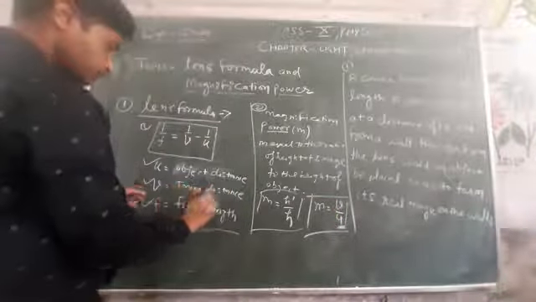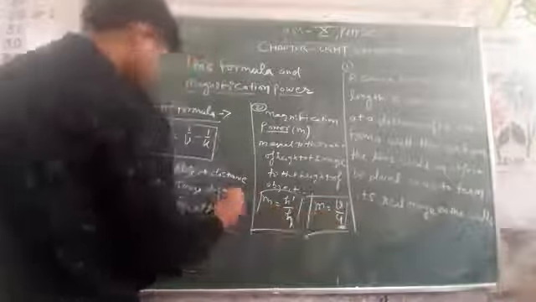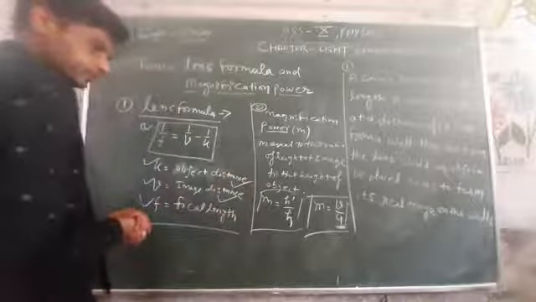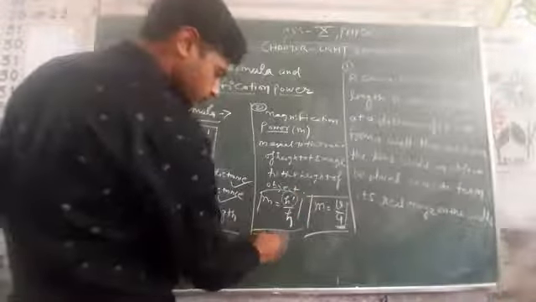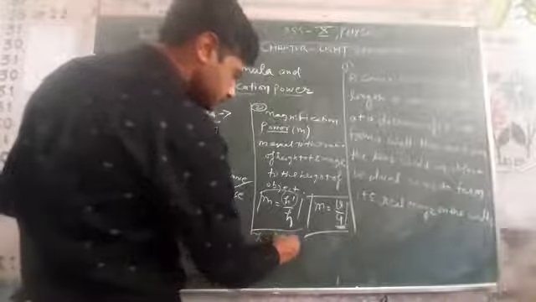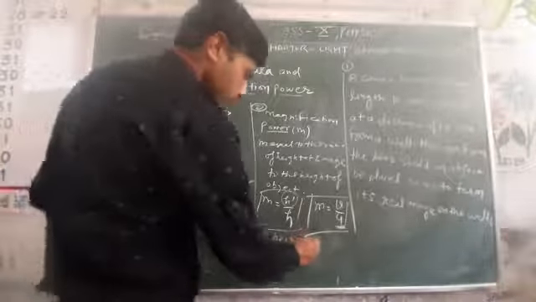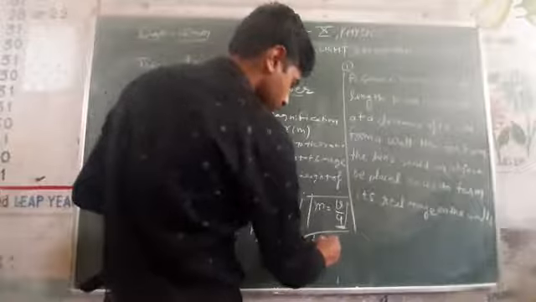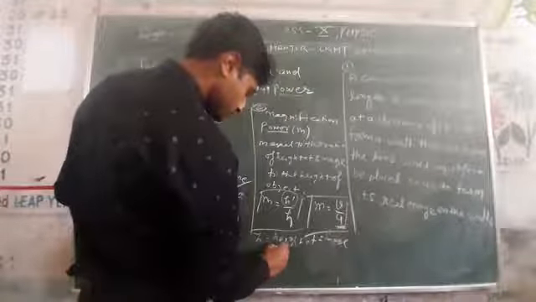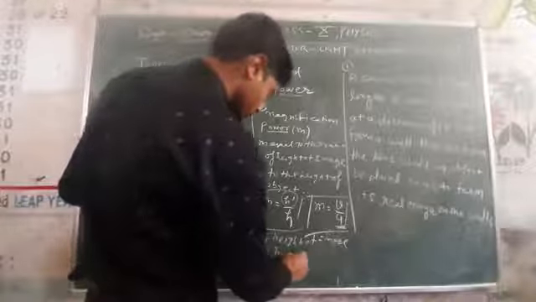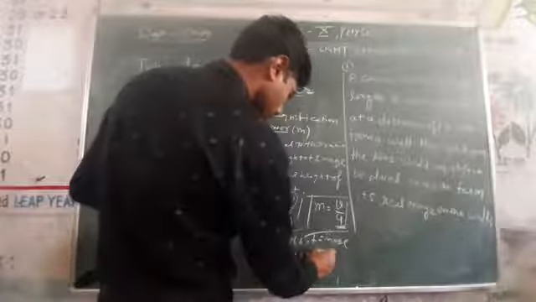v is image distance, and u is object distance. And h dash is height of image and h is height of object.